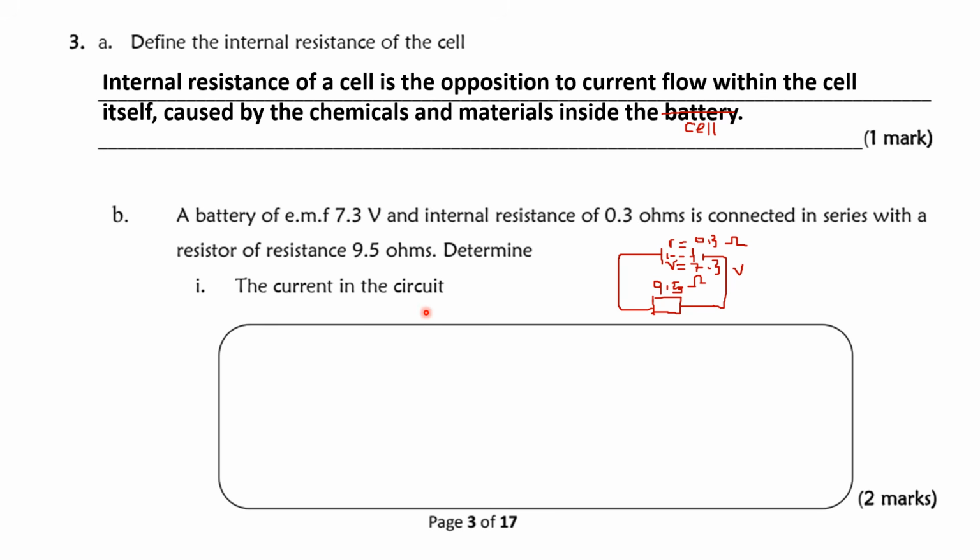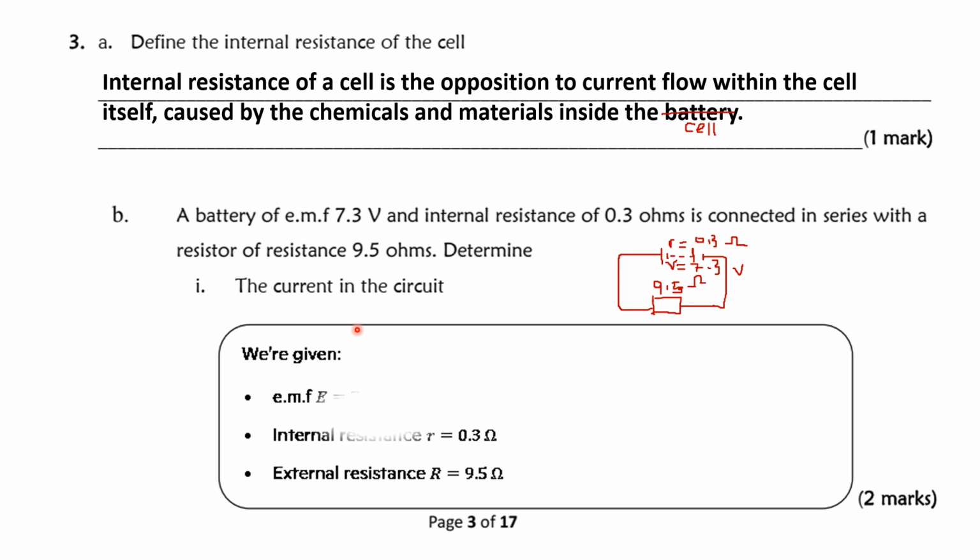So to find the current, we use this information here. The EMF is given to us as 7.3. That's the voltage supplied. And the internal resistance of this cell, the battery, is 0.3, while the external resistance is R, 9.5.